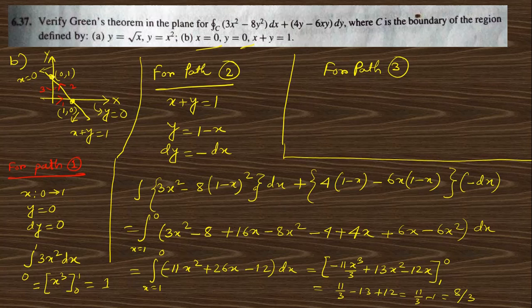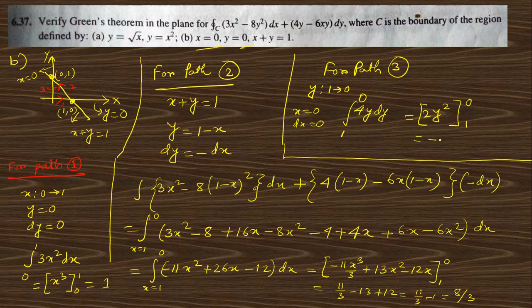Okay, so here y changes from 1 to 0, and x is 0, that is dx is also 0. So the dx part is 0 in this equation, x is 0, so you only get 4y dy, and y changes from 1 to 0. So this is 4y square by 2, that is 2y square from 1 to 0.